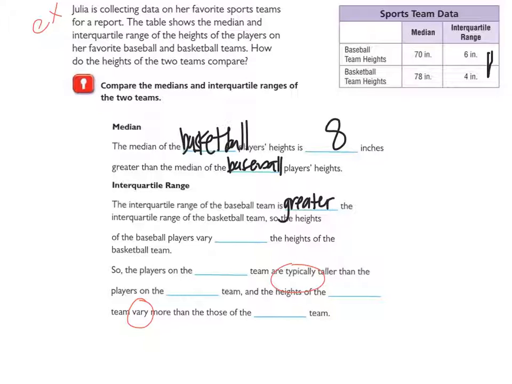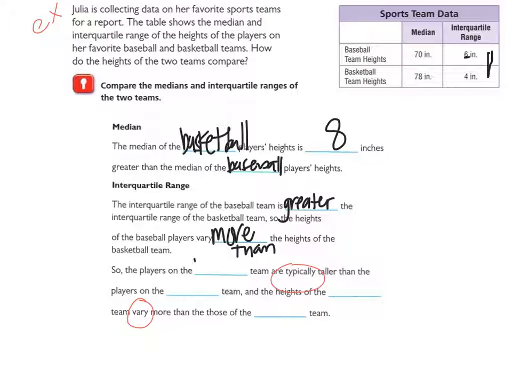So the heights of the baseball players vary more than the heights of the basketball team. There's more of a variance because that interquartile range is a higher number. So the players on the baseball or basketball team, which one, are typically taller? Which ones are typically taller?